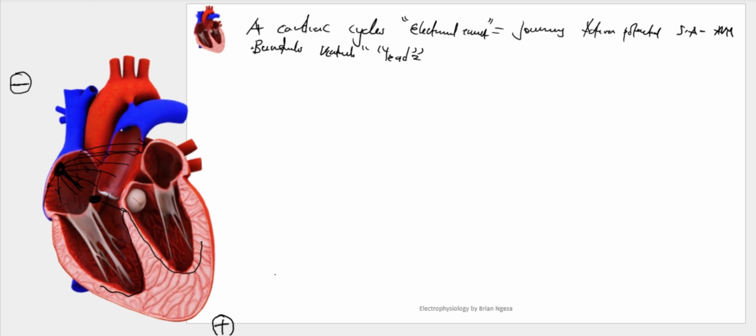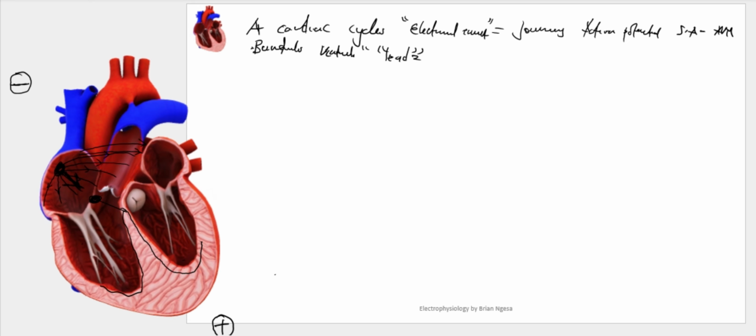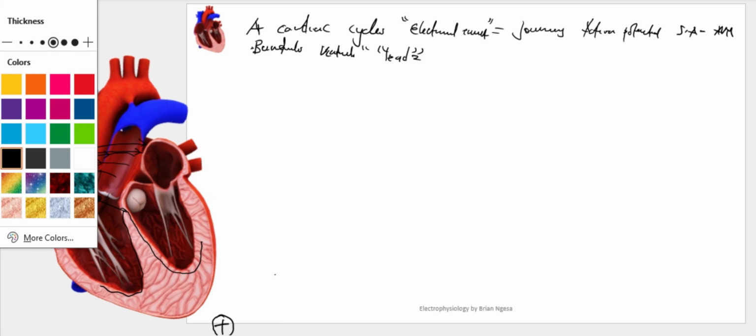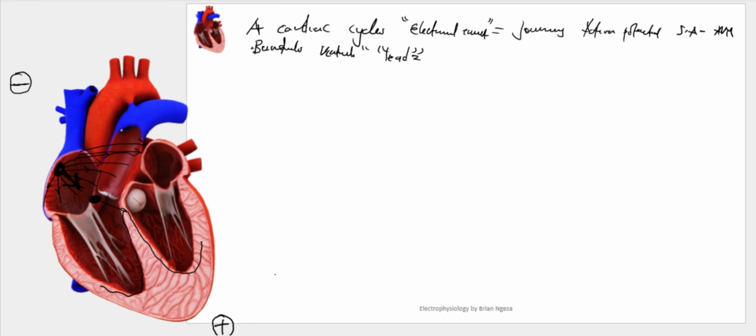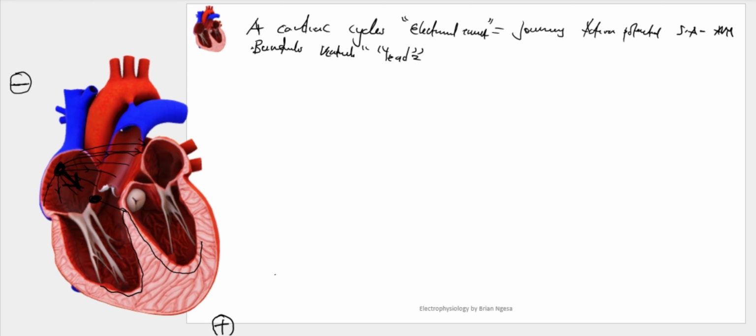I hope you are able to see that, even though it's dark, but just focus a little bit. Let me just change the color. I think white will do. So it will seem as though it is moving towards this direction.